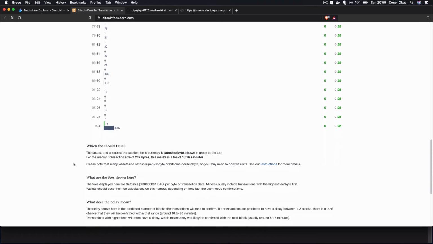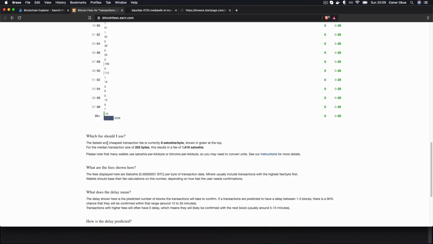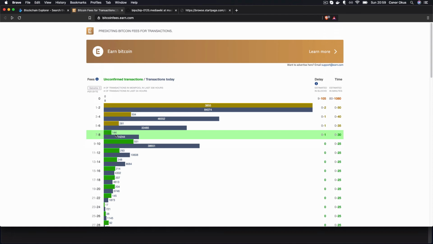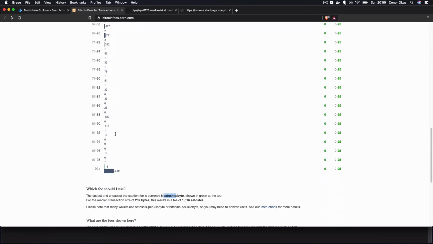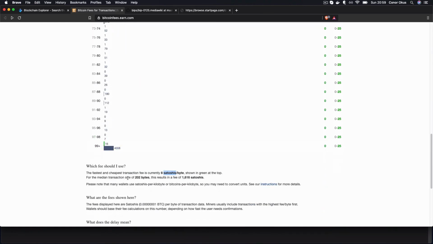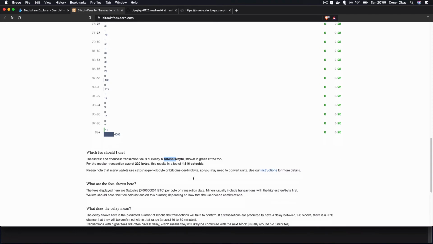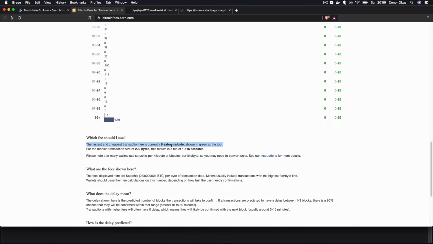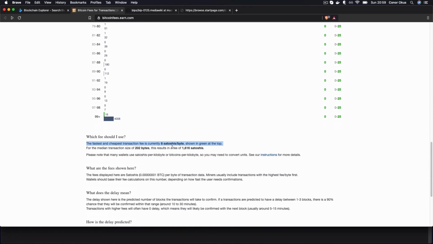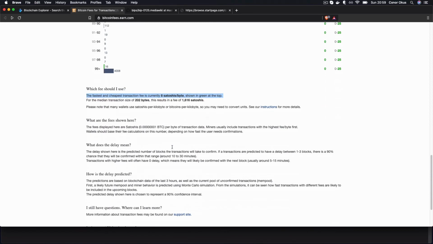The fastest and cheapest transaction fee is currently 8 satoshis per byte, shown in green at the top here, and for the median transaction size of 202 bytes, this results in a fee of 1,616 satoshis.